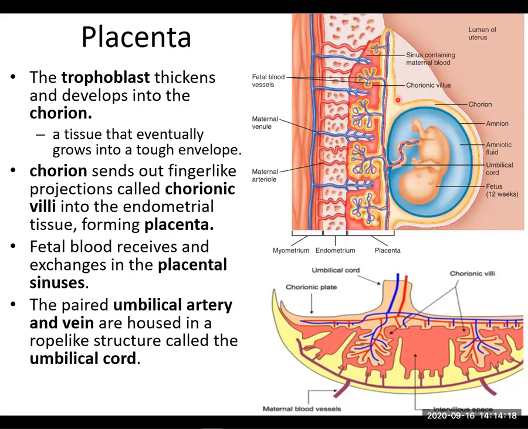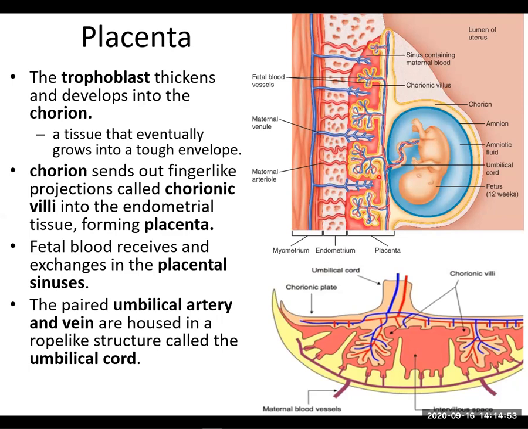The chorion will also form finger-type structures into the mother's tissue. This is called the chorionic villi, into the mother's tissue, and that basically interfaces with the placental sinus.